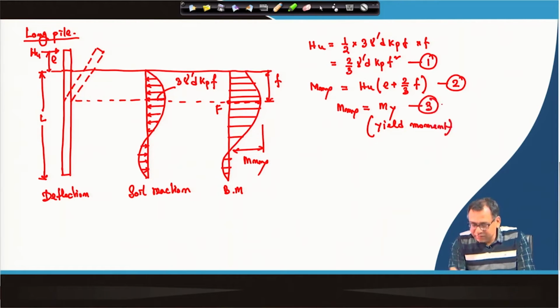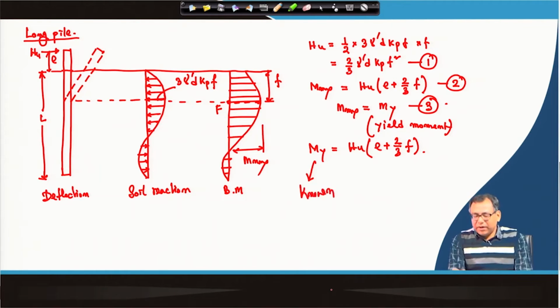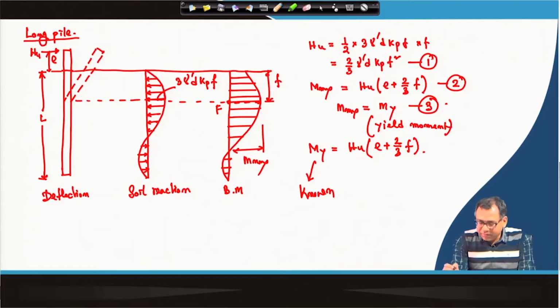So, this is third equation. So, if I replace this, this will be My equals Hu E plus 2/3 of F, and this My is known. So, from using equation number 1, we will get the Hu. Now, we have what are the unknowns? Hu is unknown and F is unknown, and we have two equations. So, we will get the F and we will get the Hu. So, we will get where the maximum moment will occur and what will be the value of Hu.